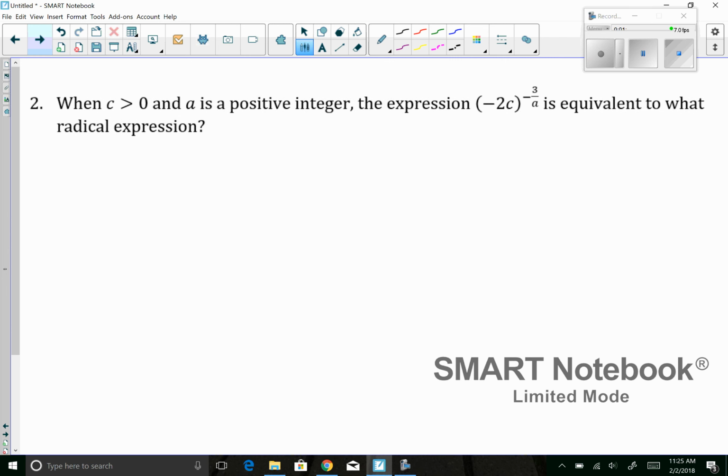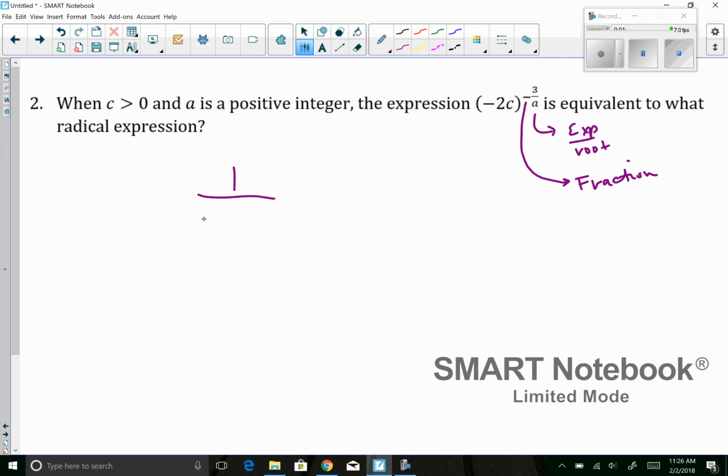Number 2 is similar but different. It's still going to be exponent over root. But notice it's a negative number. The negative number tells us this is a fraction, because remember, negative exponents are repeated division. So I'm going to start by making a division sign with a 1 on top.